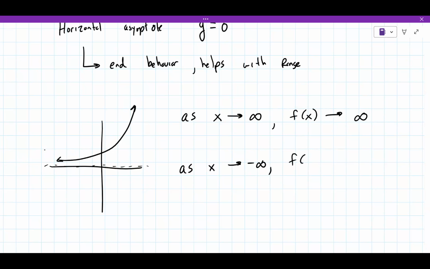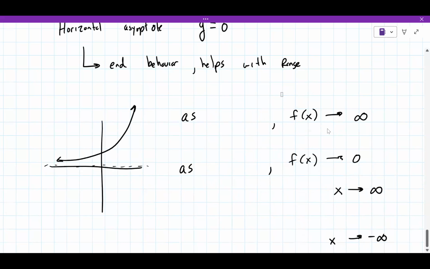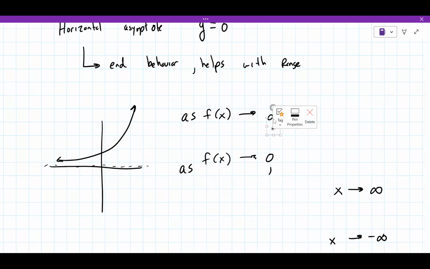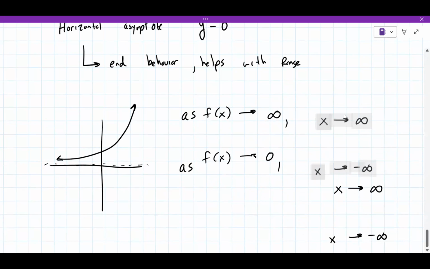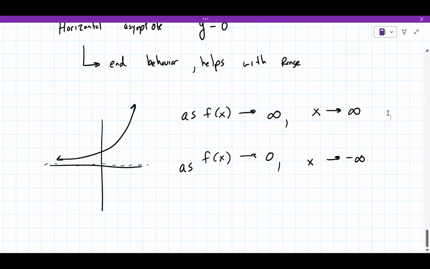Yes, f of x goes to 0. Now, unfortunately, I think this is a more intuitive way to write it, but they don't want it in this order. They want it in this order. So they actually want you to say it this way, typically, which is just flipping it.